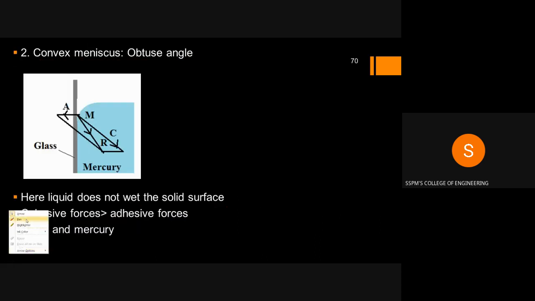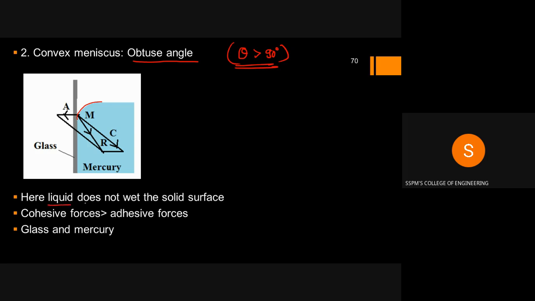Second is the convex meniscus. So this is the convex shape. In case of convex meniscus, the angle of contact is the obtuse angle. It means that theta is greater than 90 degree. And this is observed for the liquids which do not wet the solid surface.